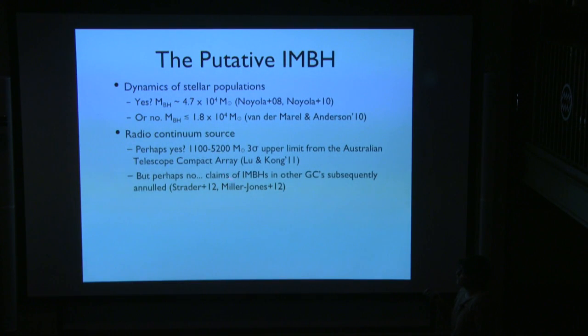I would like to point out in this context that there's been a lot of shifting in the community about claims for intermediate mass black holes based on previous X-ray and radio detections. In particular, Laura Chomiuk and Jay Strader and others have been increasingly collecting simultaneous X-ray and radio data.